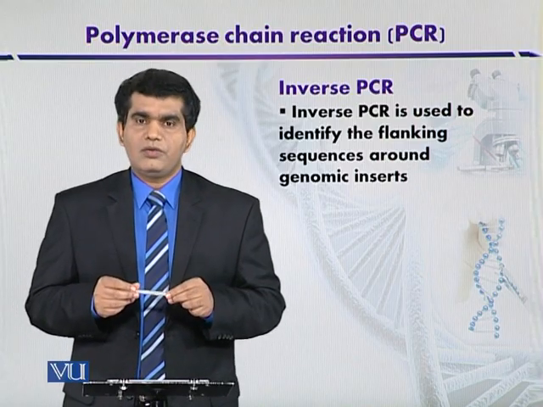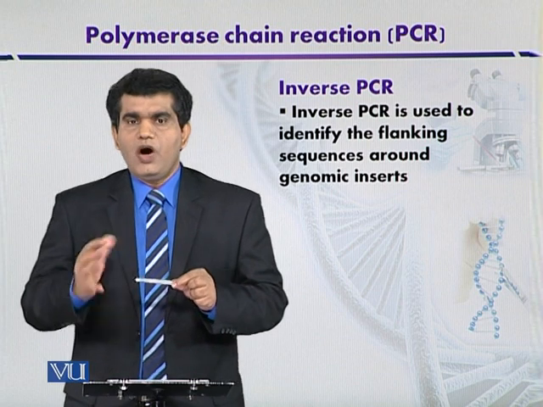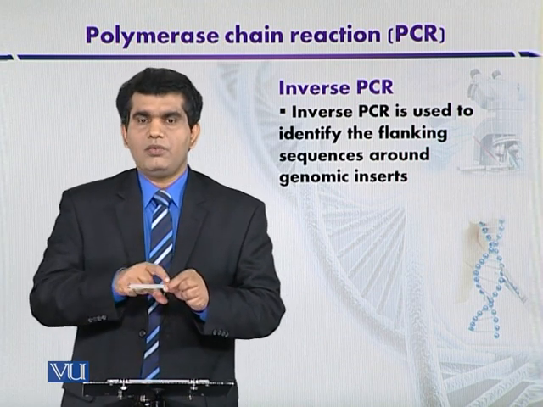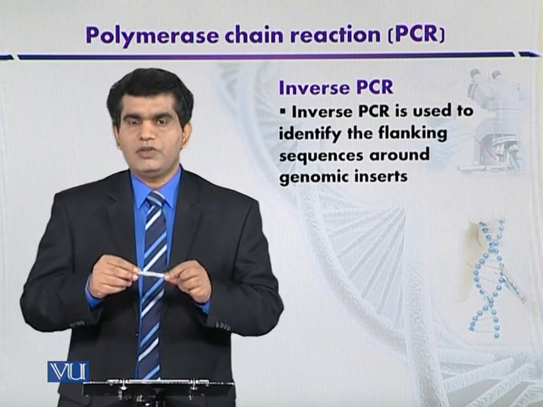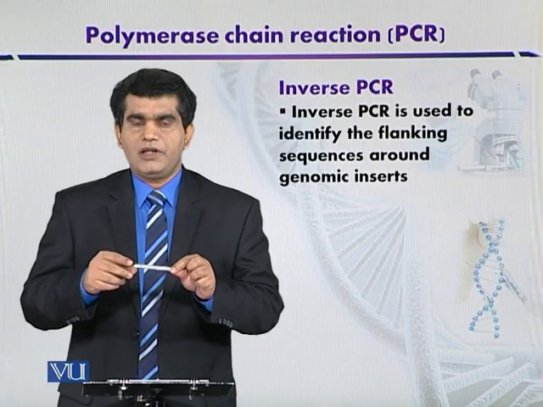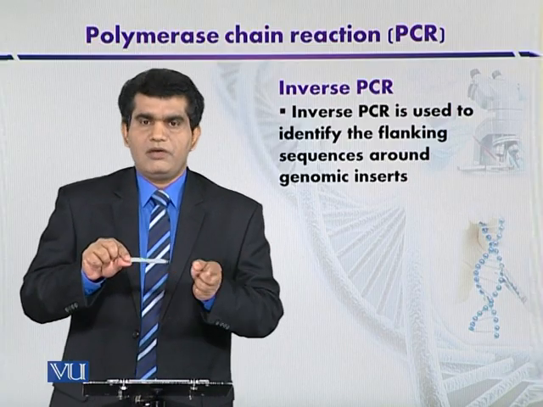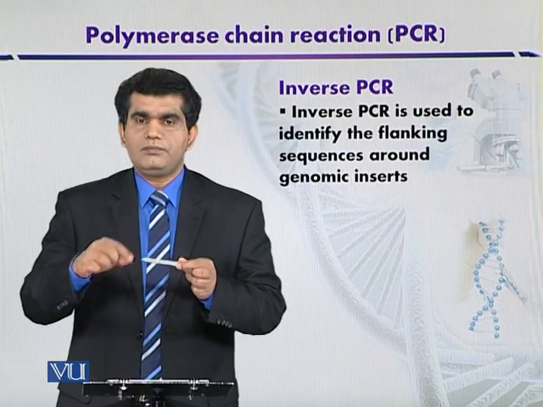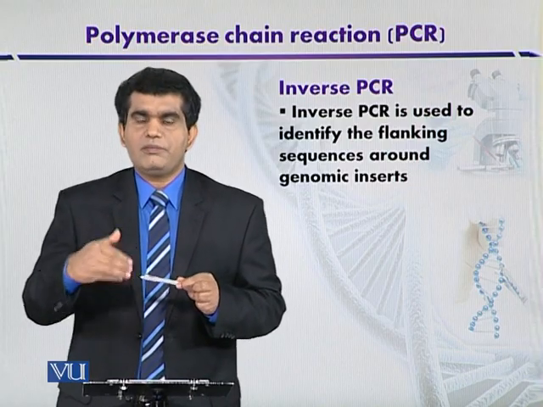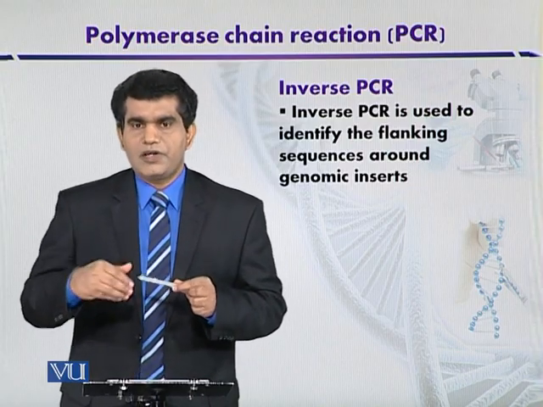Now, how can we know the sequence or how can we amplify this unknown region? Because we don't have a primer that can bind with the 3' or 5' end of the restriction fragment. How can we amplify this fragment?